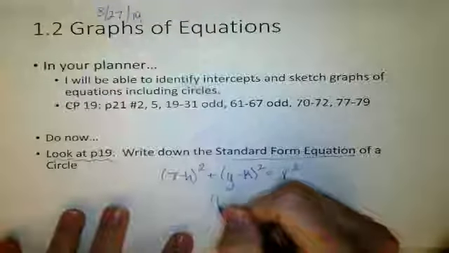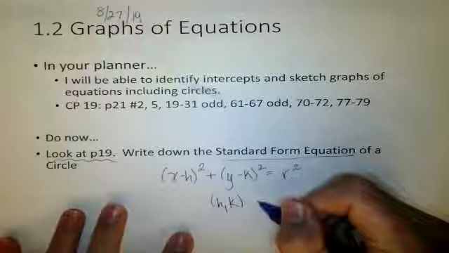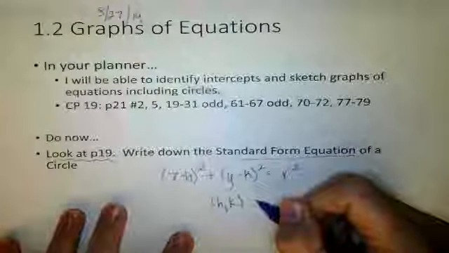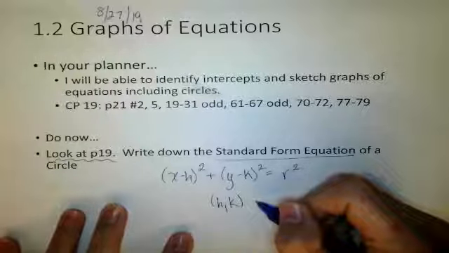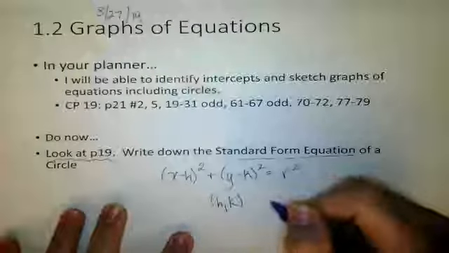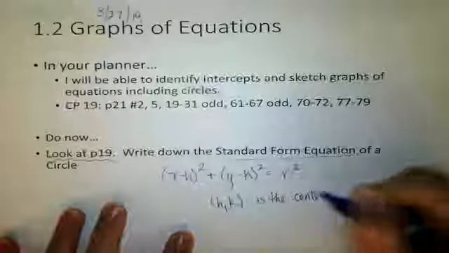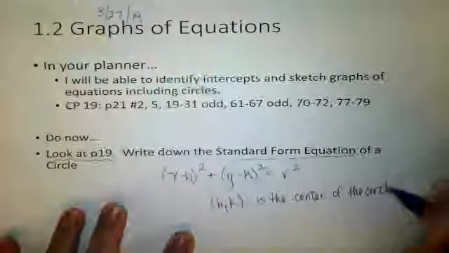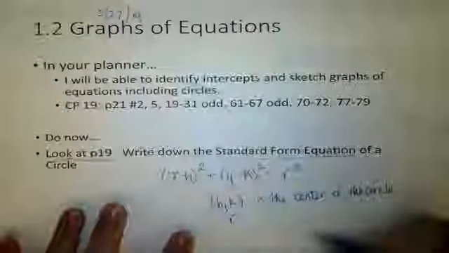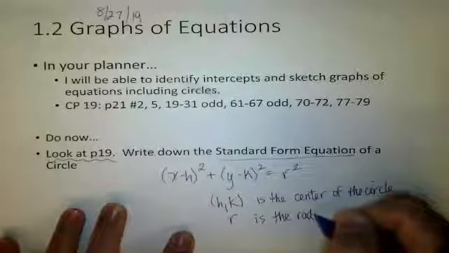So what do h and k represent? The center of the circle. Okay? And what does r represent? Radius. r is the radius.